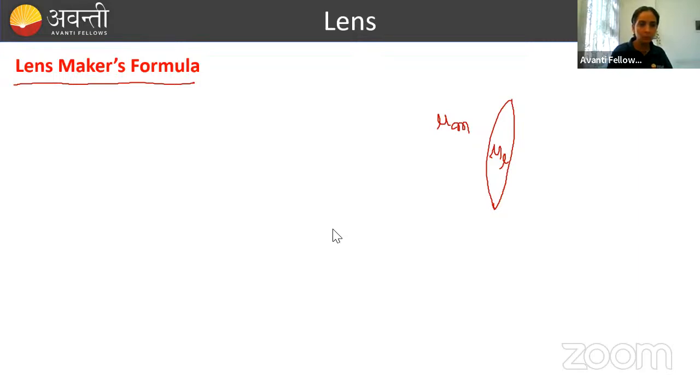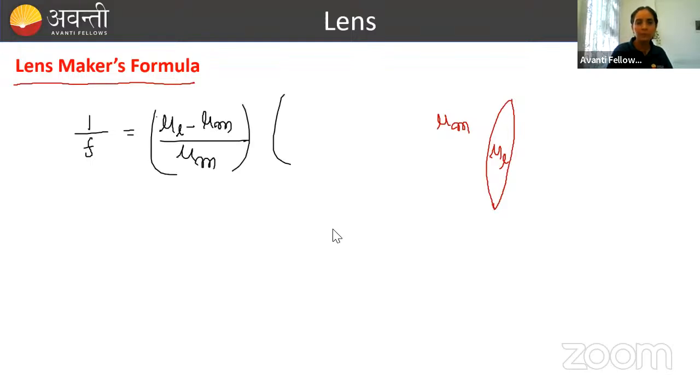Let's go with this. 1 by F is equal to mu lens minus mu media divided by mu media, into 1 by R1 minus 1 by R2.